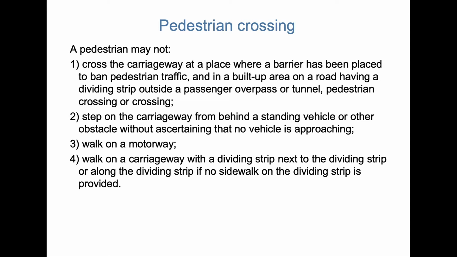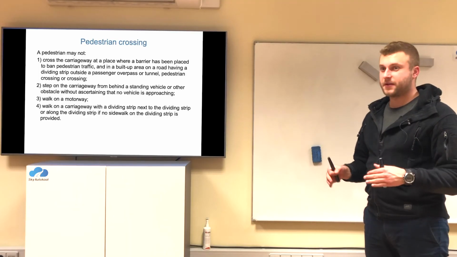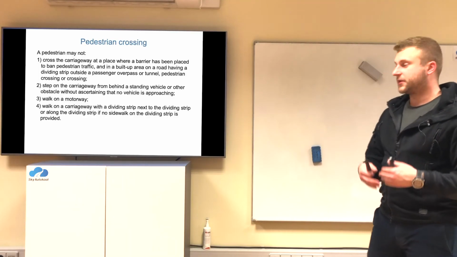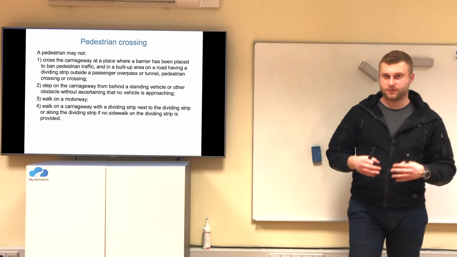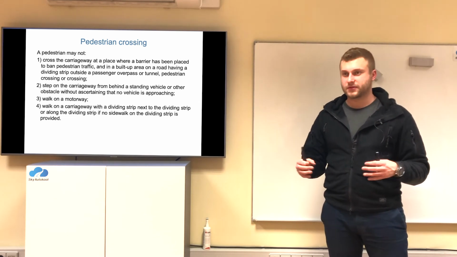Some barriers or traffic signs do not allow pedestrians to walk. We also have this kind of signs. Walk on a carriageway with the dividing strip, next to the dividing strip or along the dividing strip, if no sidewalk on the dividing strip is provided. So a pedestrian cannot use dividing strips if there are no special places, special roads, sidewalks for them.